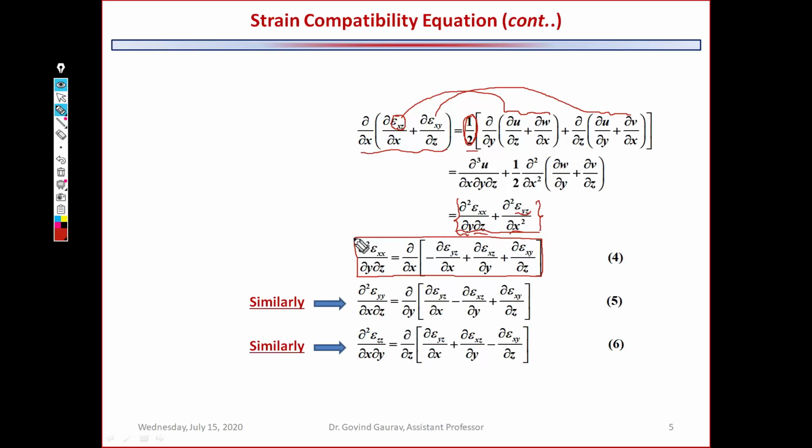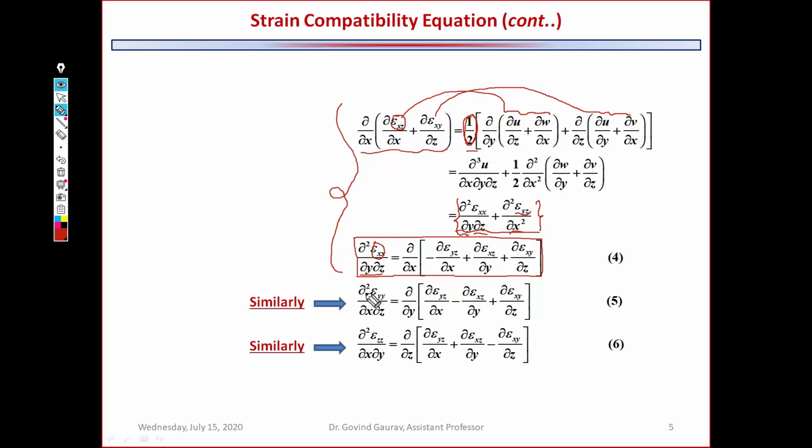compatibility equation. If we carry out similar formulations to what we did over here, to get the relationship between the partial derivatives of epsilon naught xx with respect to y and z, similarly we will get other sets of equations.